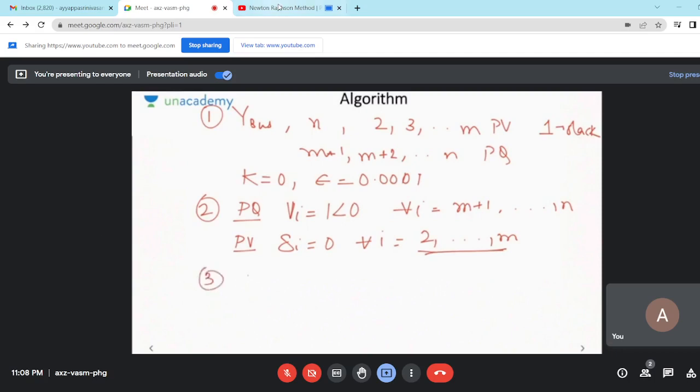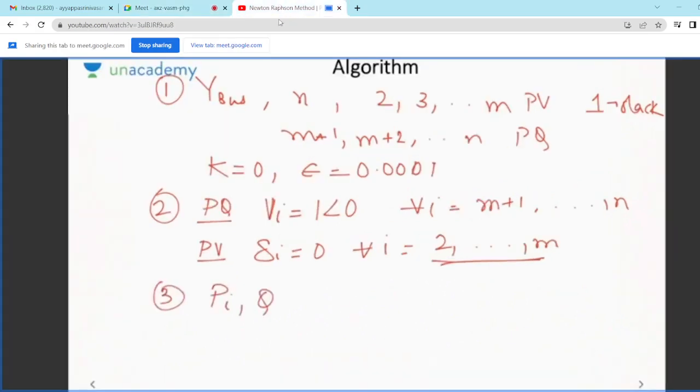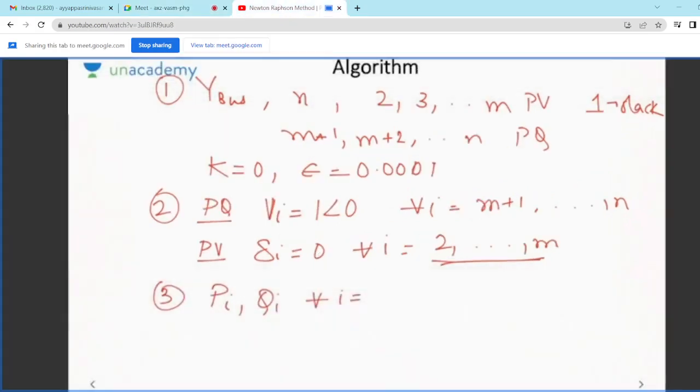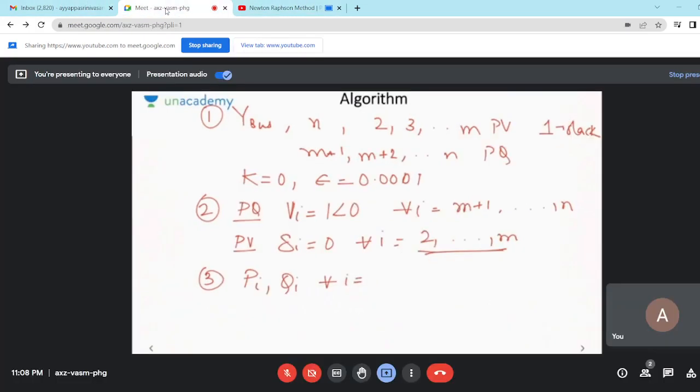Now we will calculate Pi and Qi. Pi can be calculated at all the buses, PV as well as PQ, so Pi will be calculated for all i 2 up to n, but Qi can only be calculated at PQ buses, so i m plus 1 up to n. Okay, that is your Pi calculated.